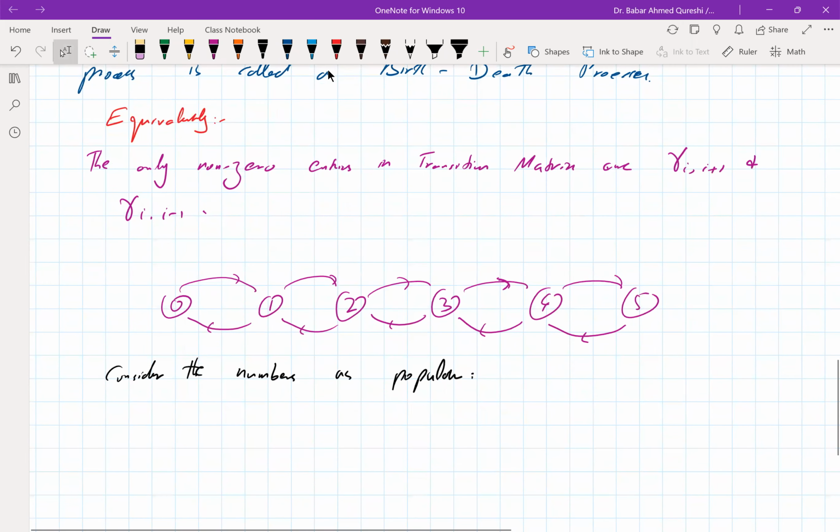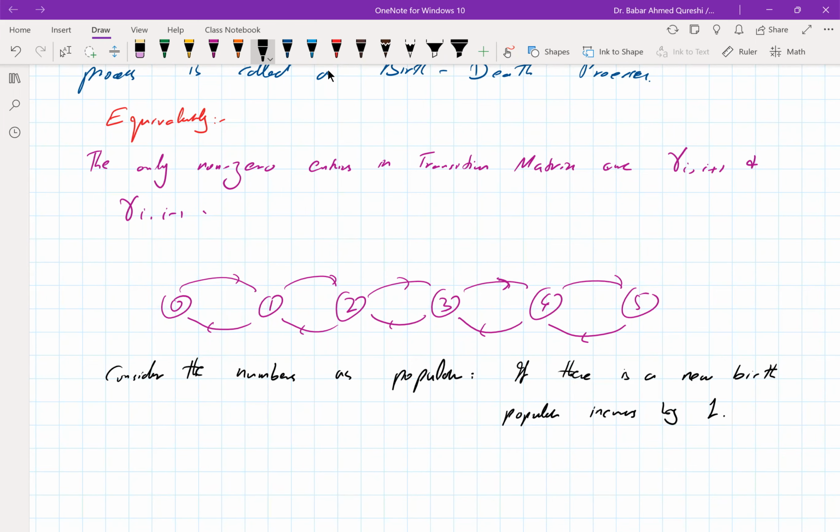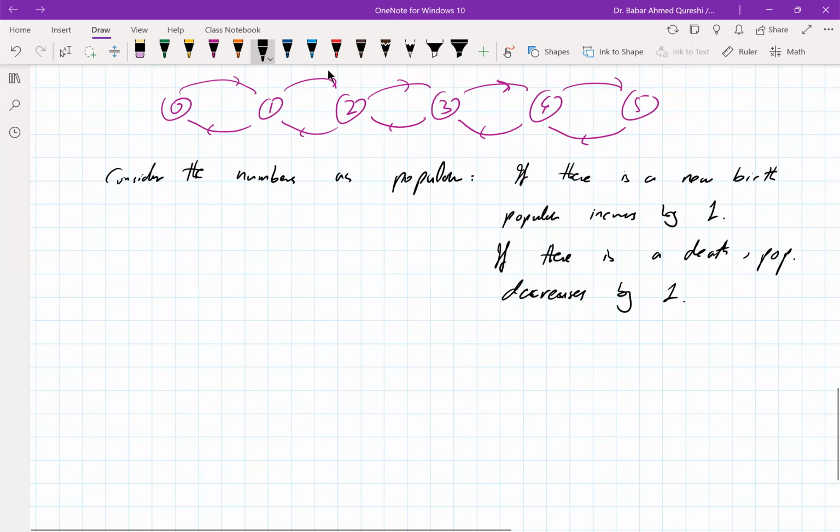So if there's a new entry into the population, if there's a new birth, then the population increases by 1. And if there's a death, it decreases by 1. That's why you have these single jumps. So these are called birth-death processes.